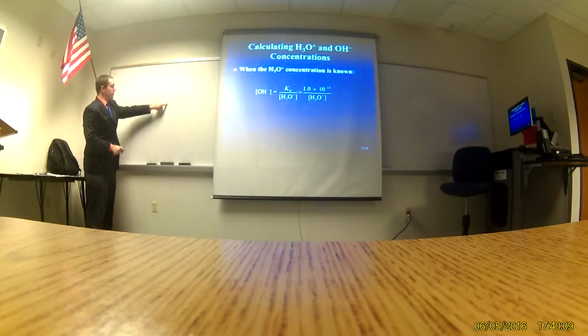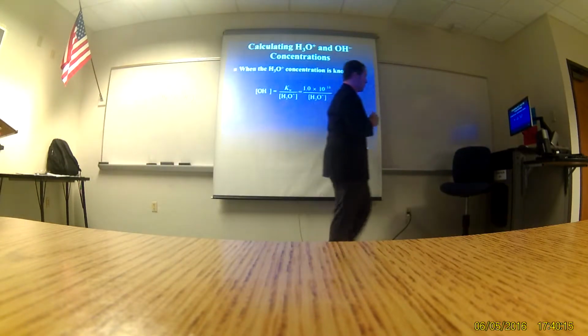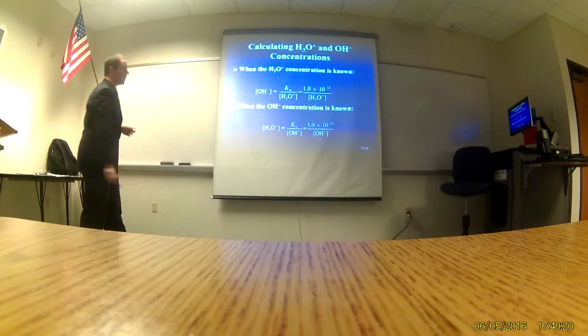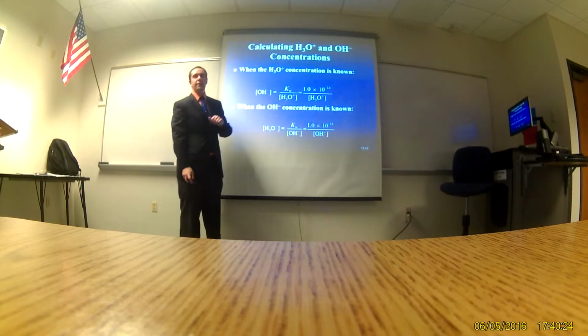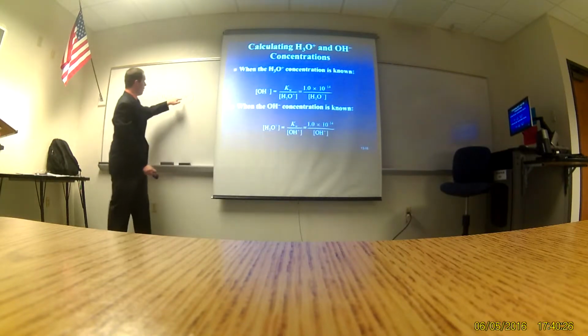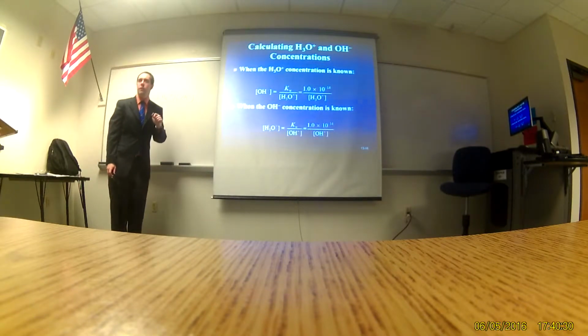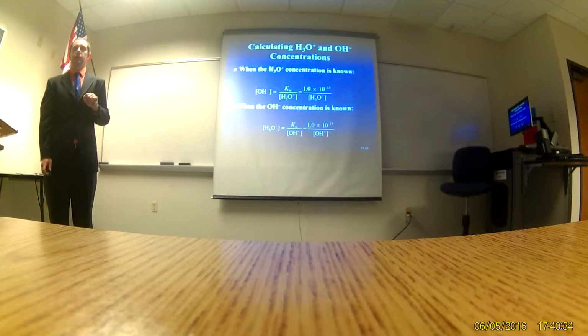They divided both sides by that, and you get KW divided by H3O plus. Going the other way, if you know the hydroxide ion concentration, you can plug that in here and solve for that. So if you know one of the two, you automatically know the second one.